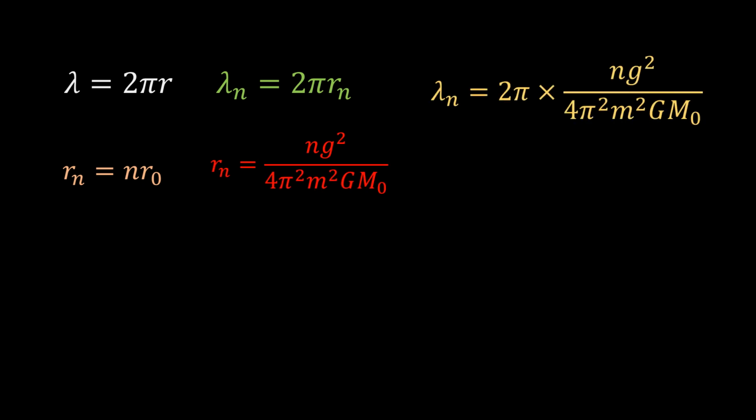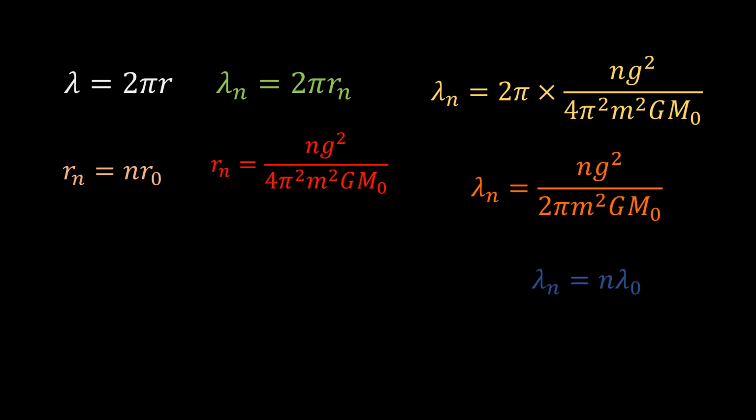So we write lambda subscript n equal to 2 pi r subscript n. The radius of an orbit is given by the following equation. So the wavelength becomes 2 pi times this. Cancelling out 2 pi yields this. This shows that wavelength is quantized in solar systems, which means that planets can only occupy orbits that are in a whole number multiple of some constant.